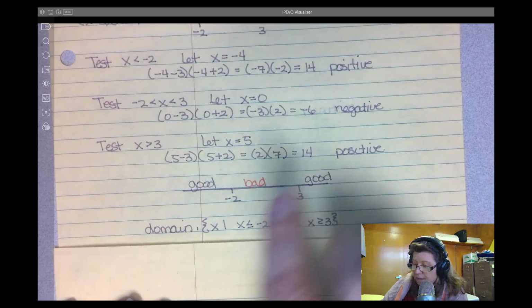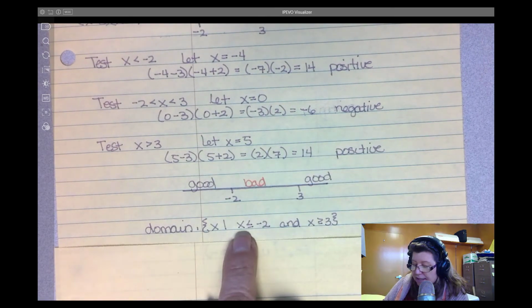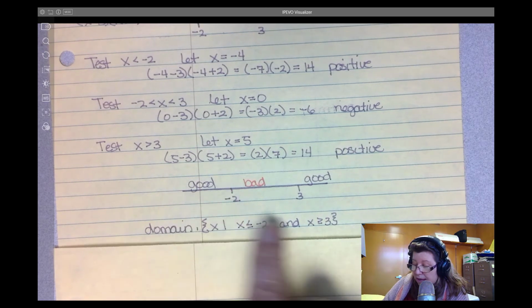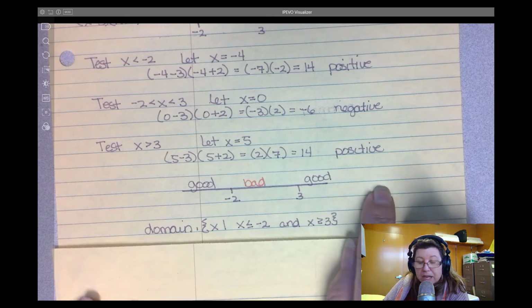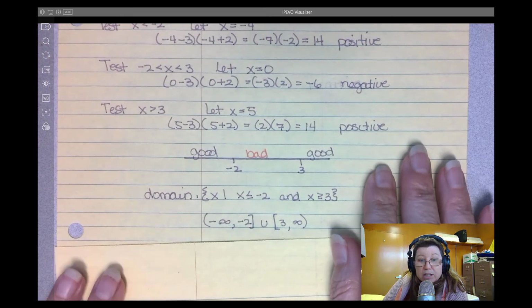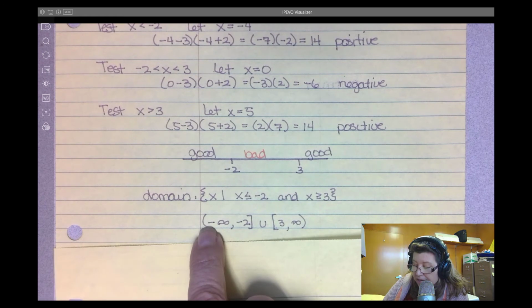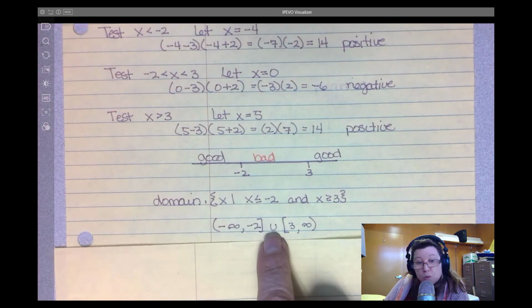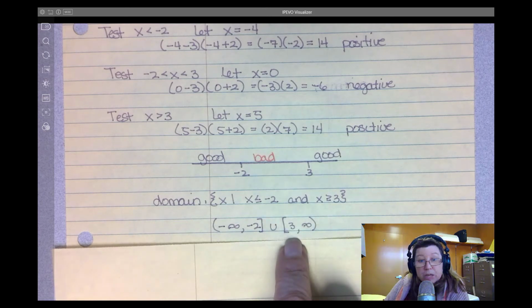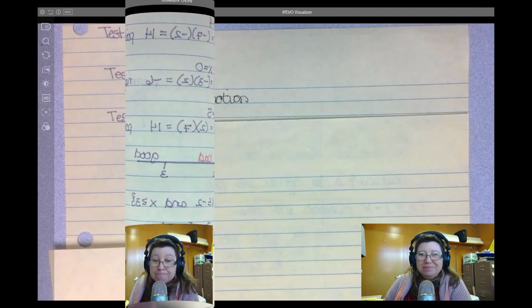The domain is all the x's such that x is less than or equal to -2, that's this one, and x is greater than or equal to 3, that's this side. In interval notation, it's negative infinity to -2, including it, unioned with 3, including it, all the way up to positive infinity.